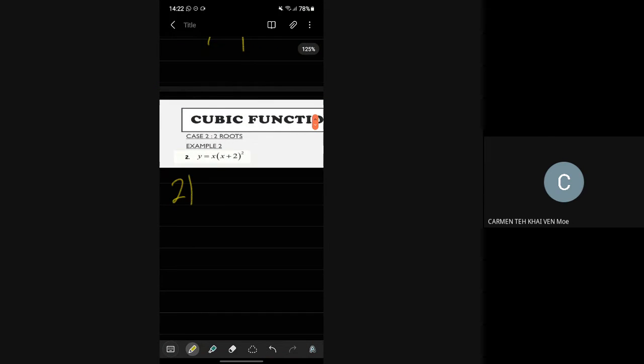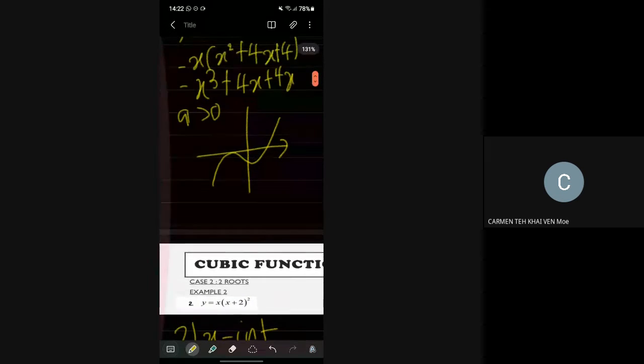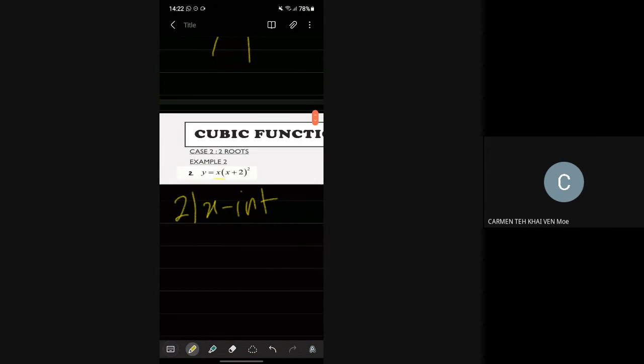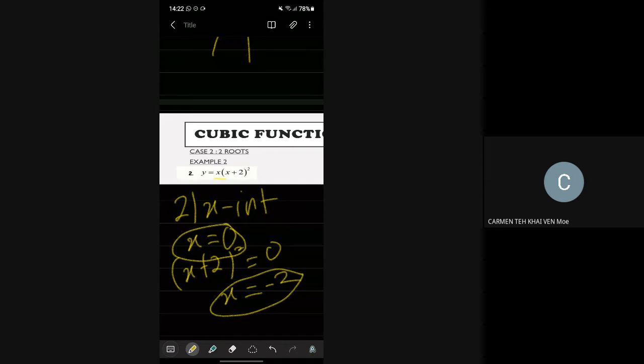The second step, we're going to find the x-intercept. From the equation here, we find that x is equal to 0, and the second x-intercept is equal to negative 2. So this is our x-intercept.